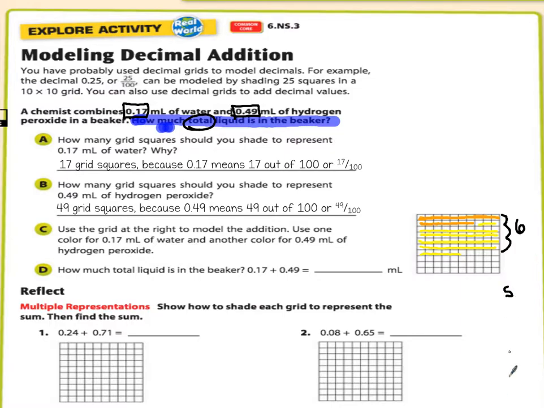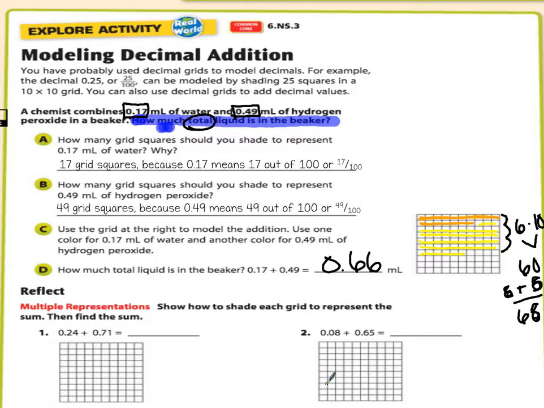So I have 65 then, so 6 times 10 would be 60, plus that extra 5 would be 65, and it's 65 out of 100, and I'm sorry, 1, 2, 3, 4, 5, 6, I miscolored this one. There we go, a little further. So this would be 6, plus the extra 6 would be 66 hundredths milliliters. That's why we have to make sure to color in that full box, okay?